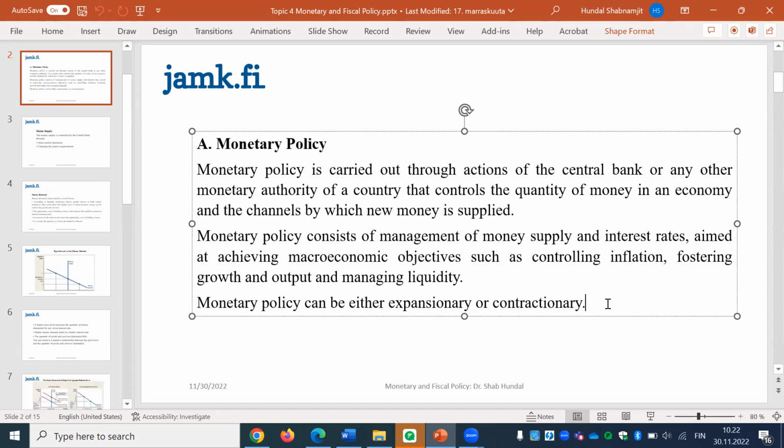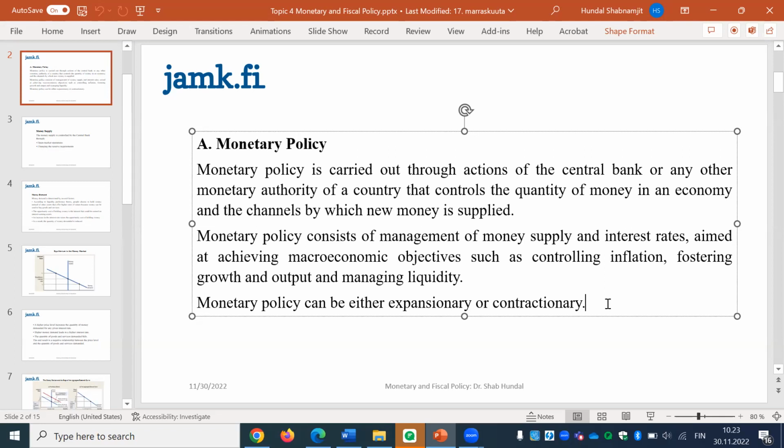When the rate of interest goes up, the commercial banks will also increase the rate of interest. When the interest rate goes up, people are discouraged from borrowing from the banks. When people are discouraged to borrow, they consume less, they spend less, and thus there is a feeling of calming down in the economy.